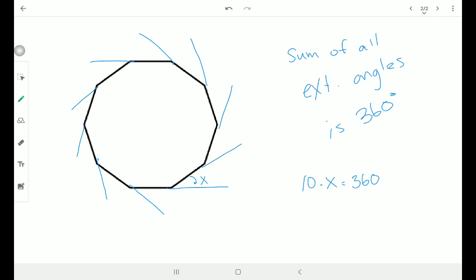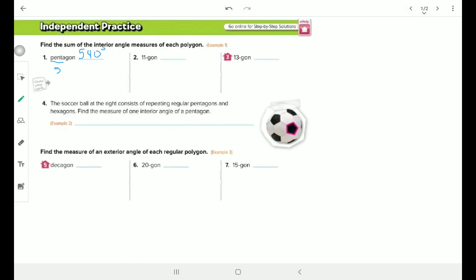The reason why this works is because all 10 angles are congruent. So now to solve for x, we divide by 10, so x is going to equal 36. So for number 5, the measure of an exterior angle is 36 degrees.